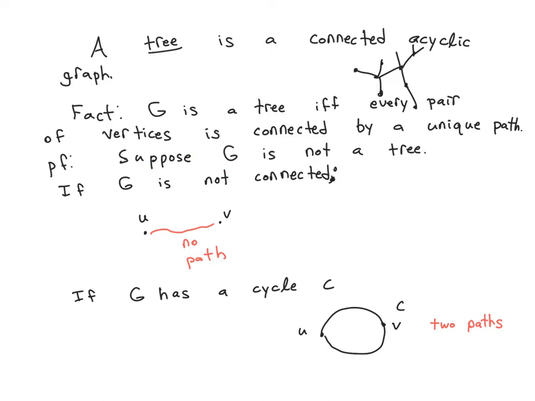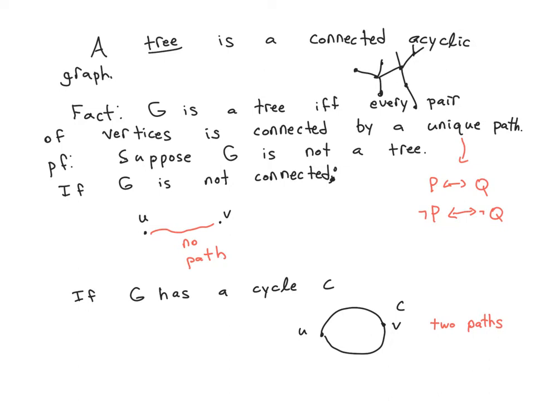So this is a statement of the form P if and only if Q. We're going to essentially do the proof from the book, but I'm going to state it in its equivalent form, and instead of talking about contradiction, we're just going to prove not P if and only if not Q. In other words, G is not a tree if and only if there exists a pair of vertices that is not connected by a unique path, which means either it's not connected at all or it has more than one path.